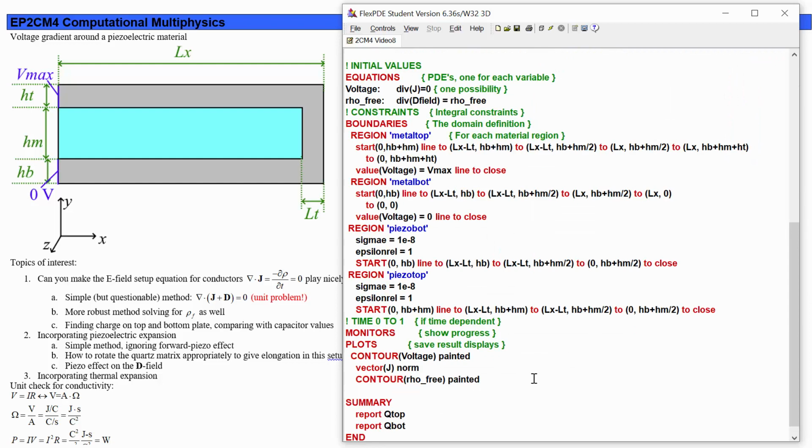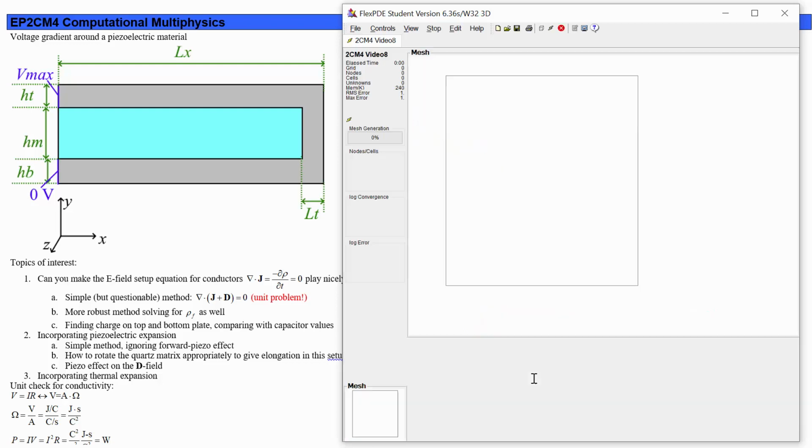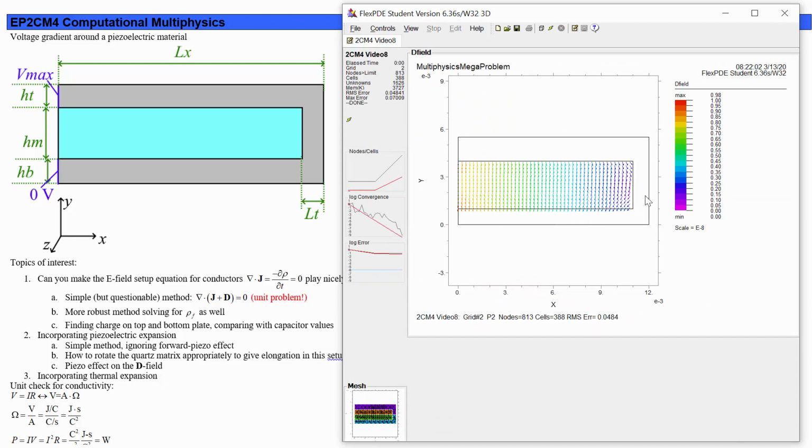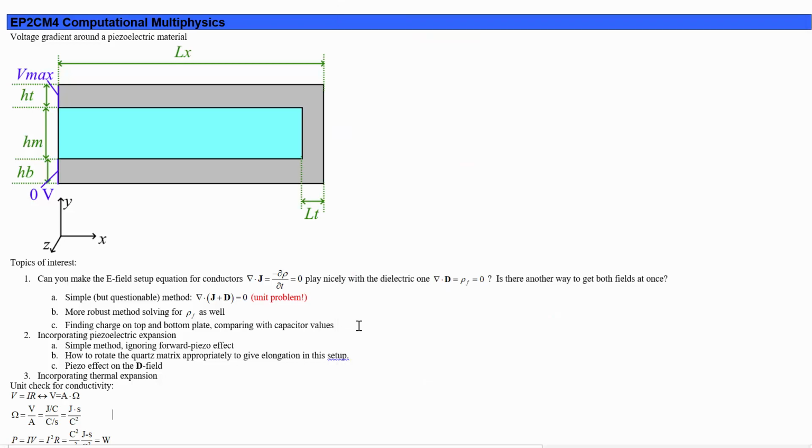We can make a vector plot of D field normalized and see where the D field exists. Yeah, so by setting the permittivity to just 0 in this metal region, the D field only exists inside the dielectric.